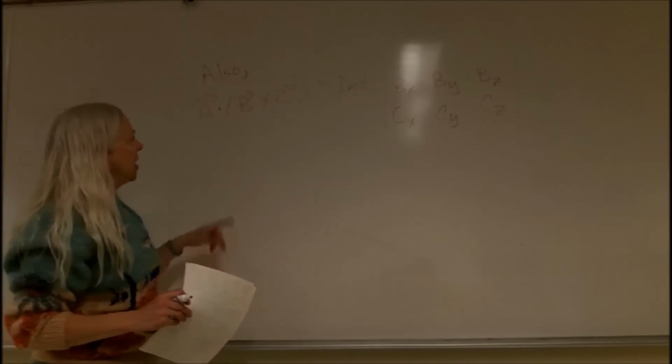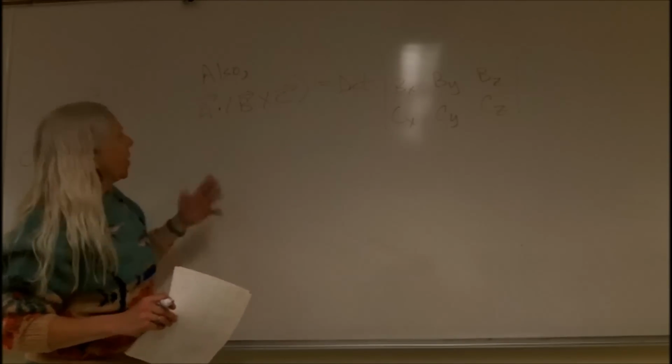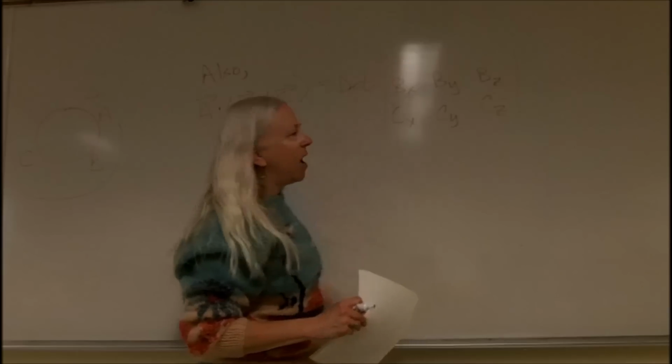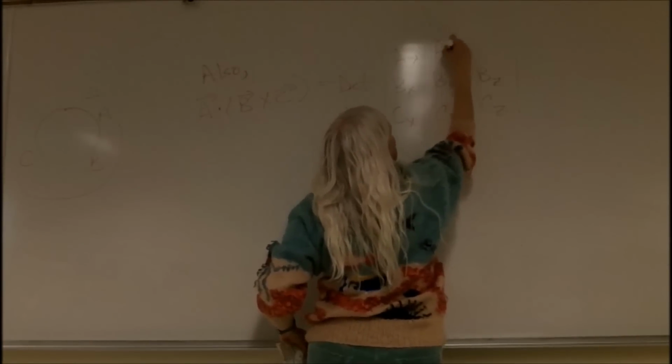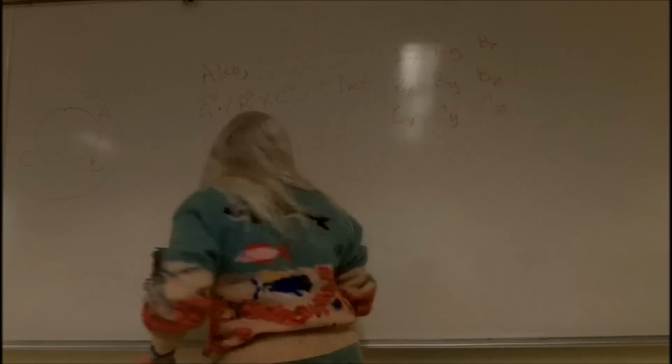So if I think of D as representing B cross C, I'm dotting A into D, and that means I multiply the x component of A times the x component of D, and so forth. Well, the x component of D, or B cross C, would be the coefficient of the i hat that goes up here. When I dot that into A, essentially it means I'm taking the determinant of this matrix. Oops, I'm sorry, that should be Az.